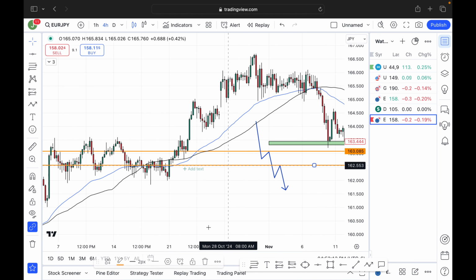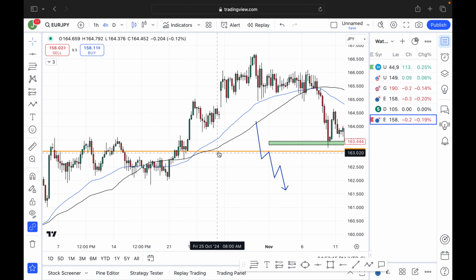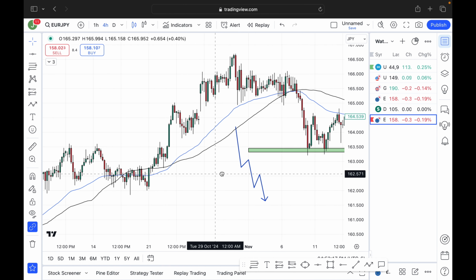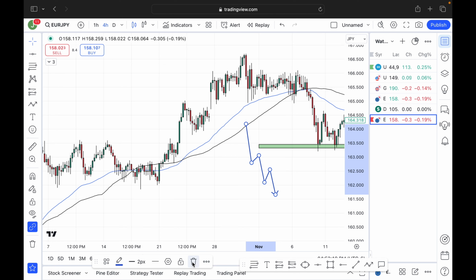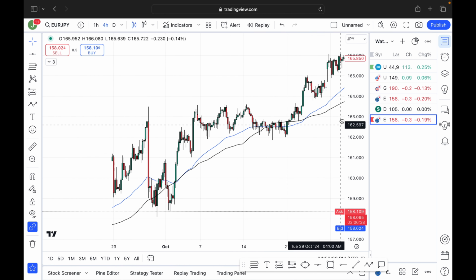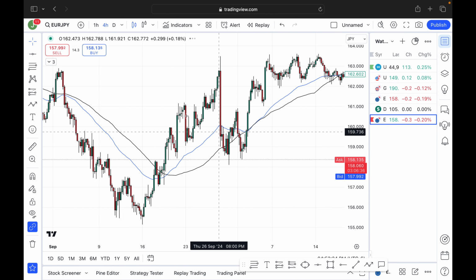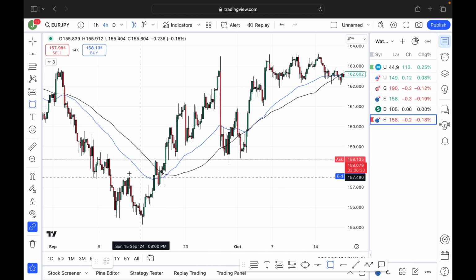So with that being said, let's look at a real chart here. And this is nice and clean through here. What I like to use are rectangles, the boxes.